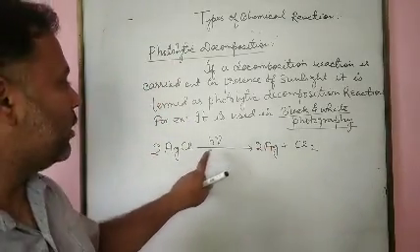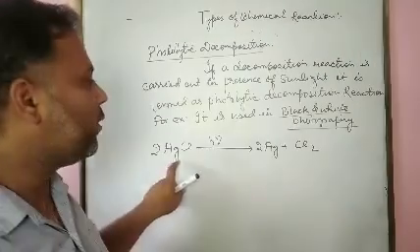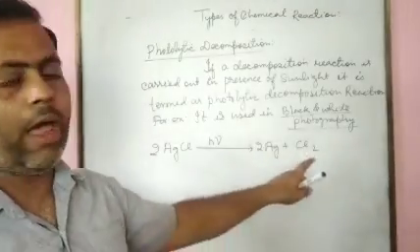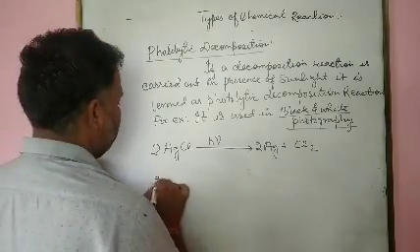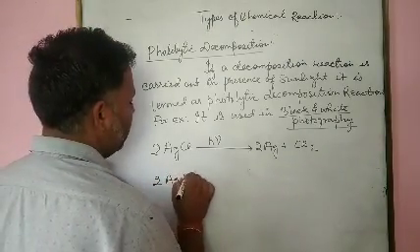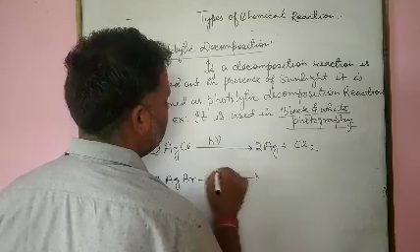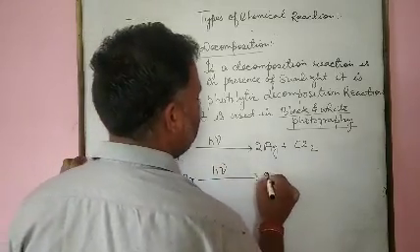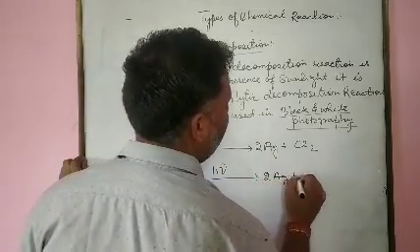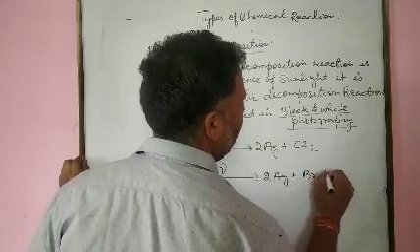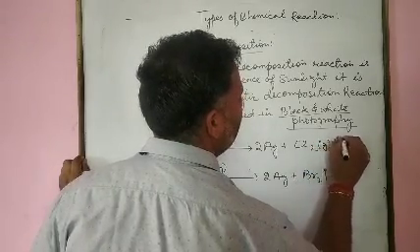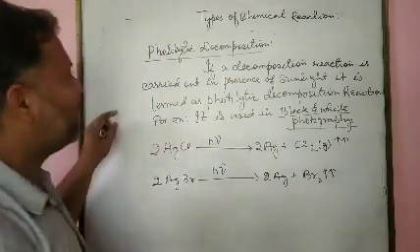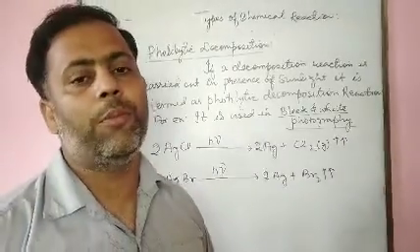It means in the presence of light, the silver chloride is broken down into silver and chlorine gas. Next, 2AgBr, in the presence of sunlight, is broken down into silver and bromine gas. These are examples of photolytic decomposition reaction.